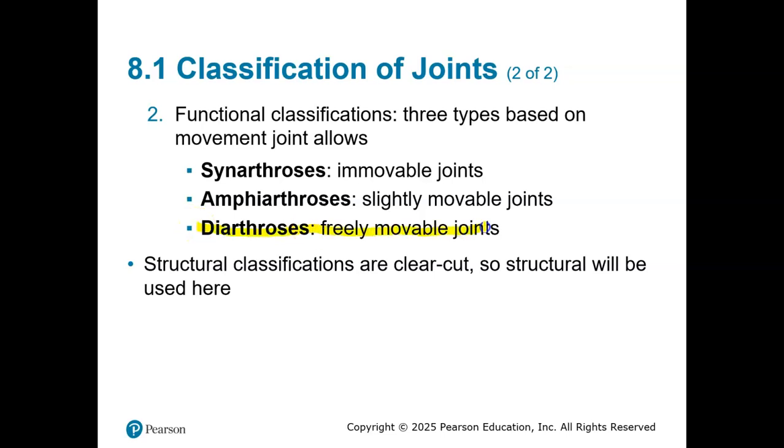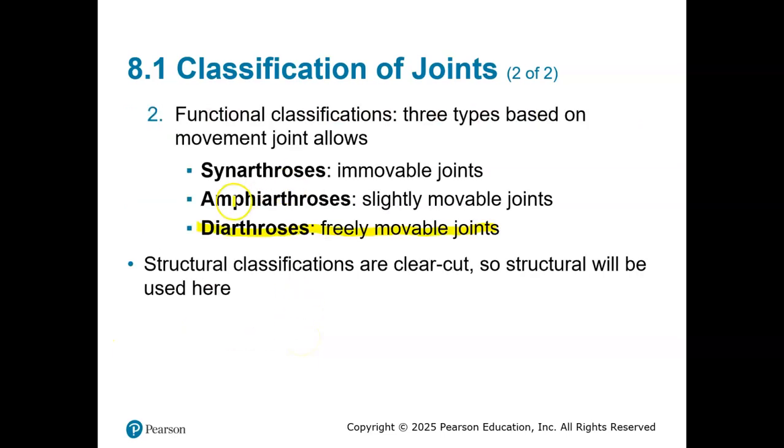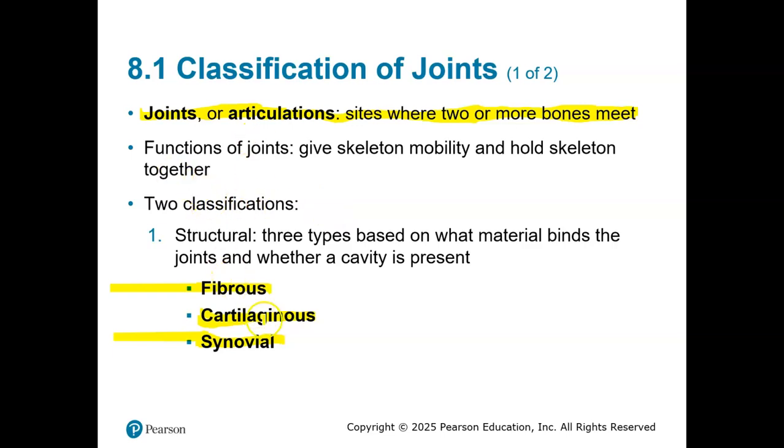So it's important for you to know that all diarthroses, in other words all freely movable joints, are synovial joints. The other two types of joints in the functional classifications, synarthroses, which are immovable, and amphiarthroses, which are slightly movable, are classified into fibrous and cartilaginous.